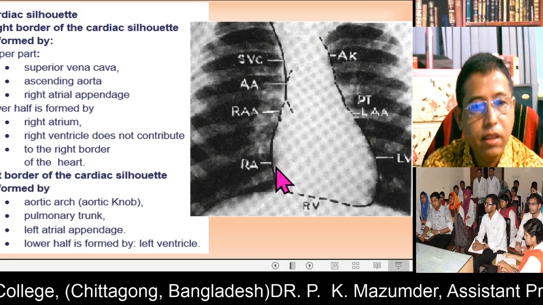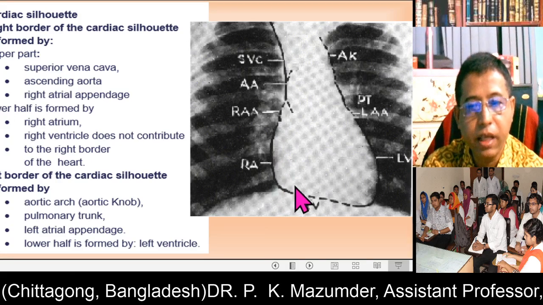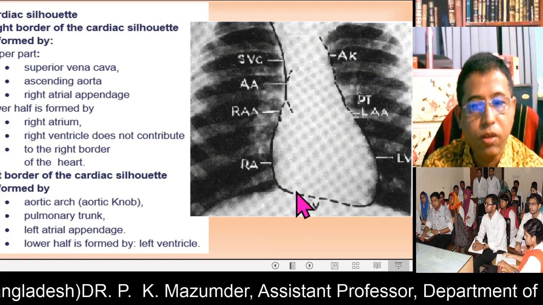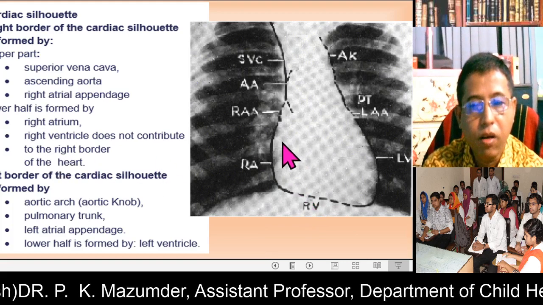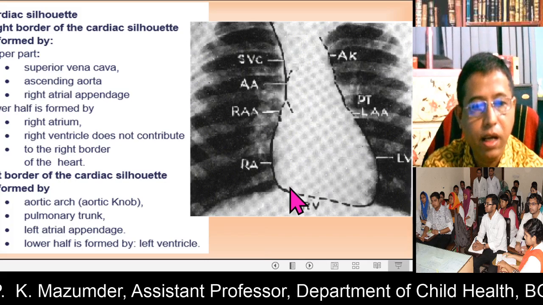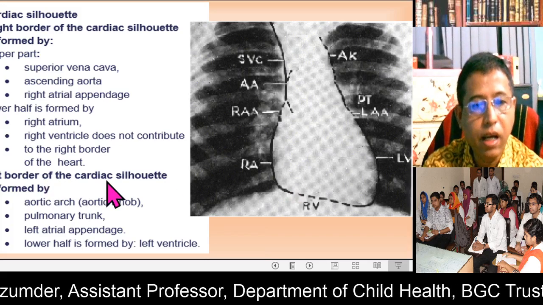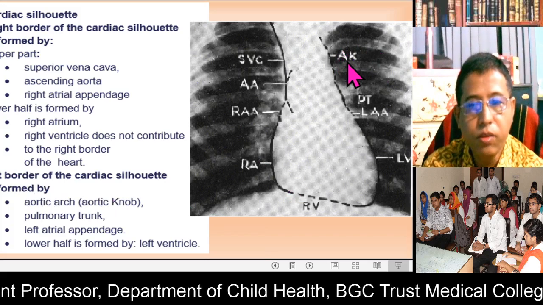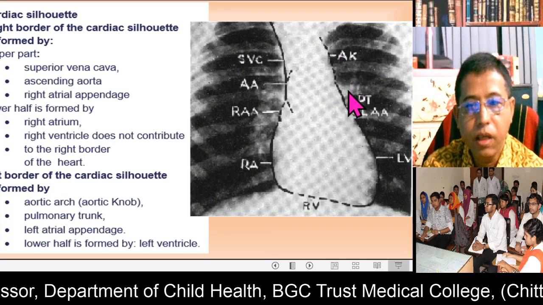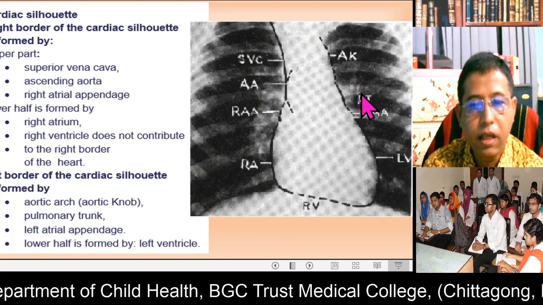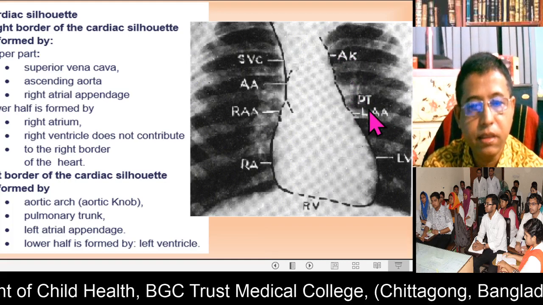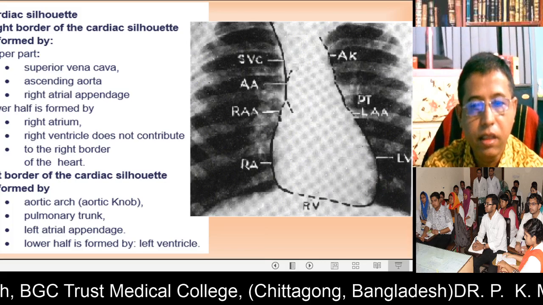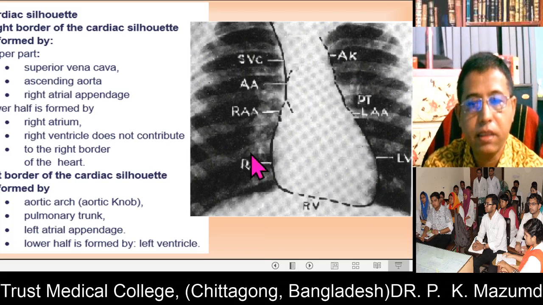But the right ventricle does not contribute to the right border of the heart. The left border of the cardiac silhouette is formed by the aortic arch, which is the aortic knob, pulmonary trunk, left atrial appendage, and the lower half is formed by the left ventricle. This is sometimes asked in the viva board.